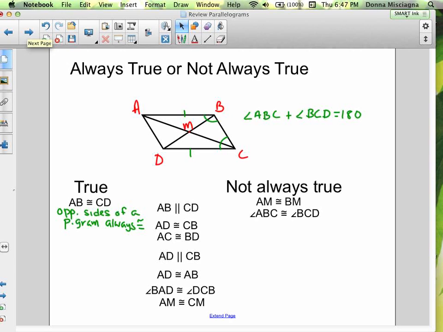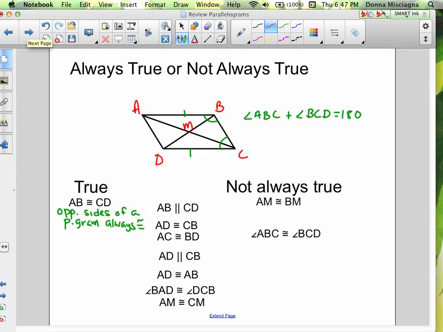And actually, I'm going to leave a space here because I'm going to explain why about AM and BM in a little bit. But let's add in here why that's not always true. Only true if all angles are right angles. So if they're all right angles, that would be true.